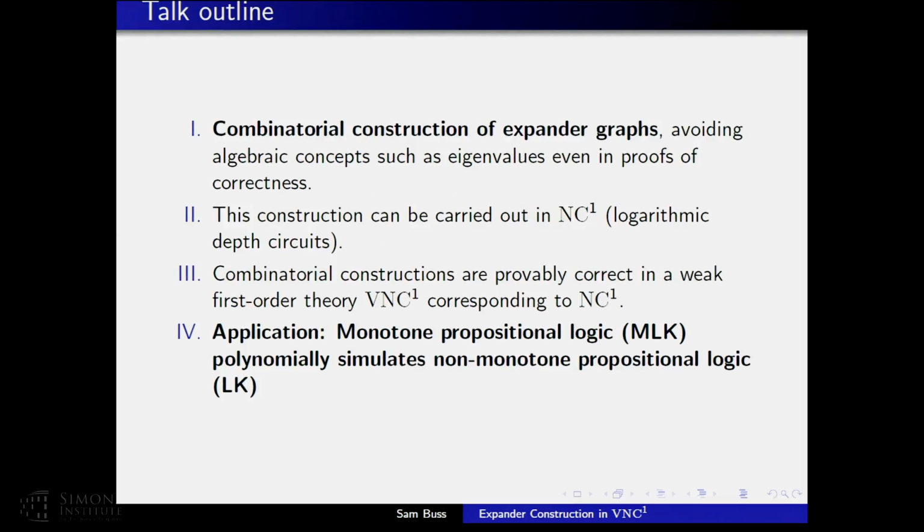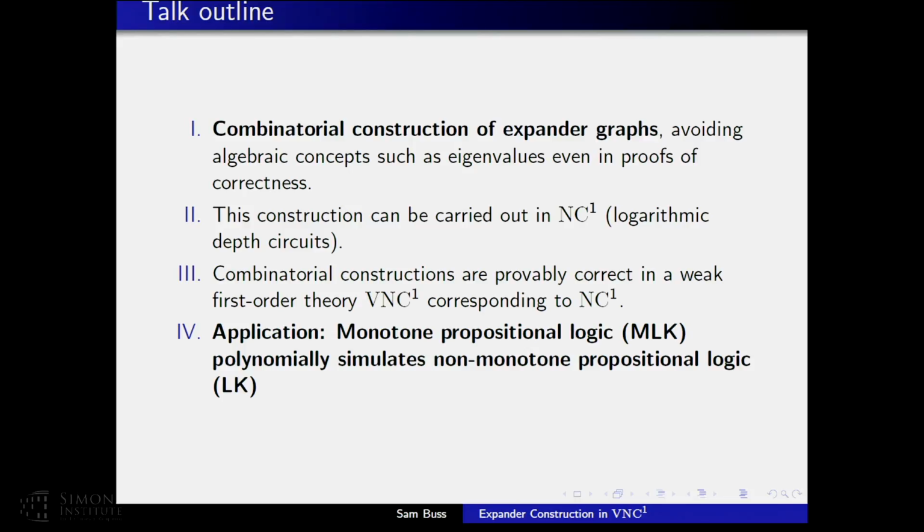First of all, we discuss a combinatorial construction of expander graphs, which has proofs of correctness that avoid algebraic concepts such as eigenvalues. This will bring the construction down to something that can be carried out in NC1, including all the proofs, which only use things that are in NC1.